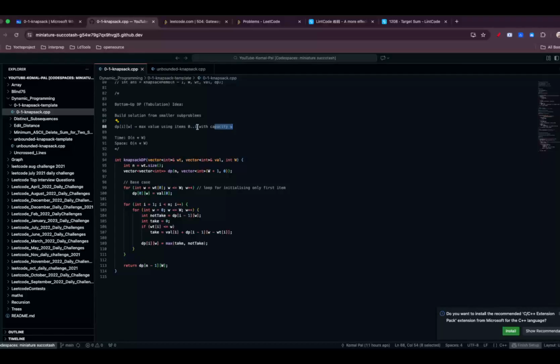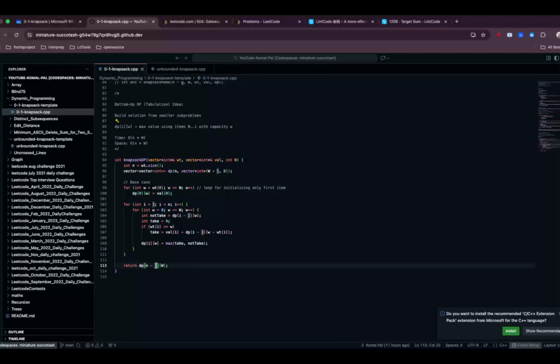And also the index we require. Here it says maximum value using items from 0 till i, but we require all the items, so that means we require till the last index, and our last index is n minus 1 because we are going from 0 till n minus 1.